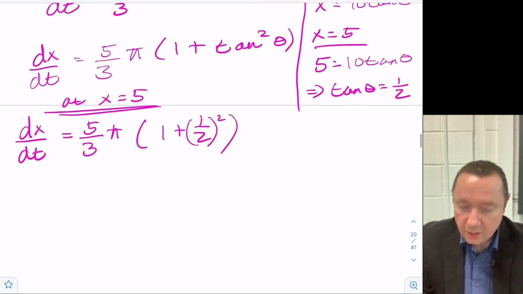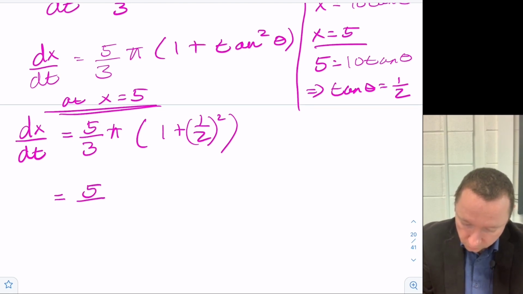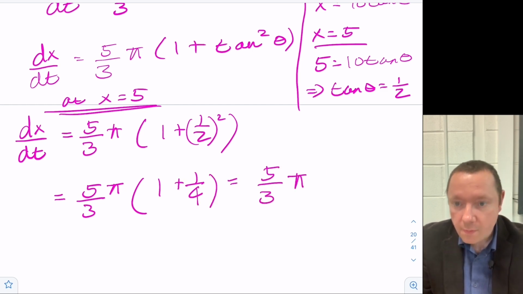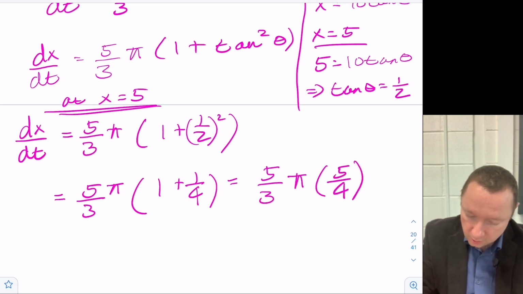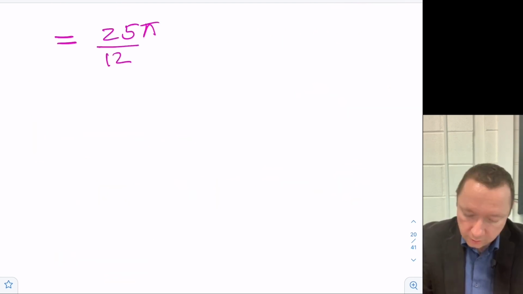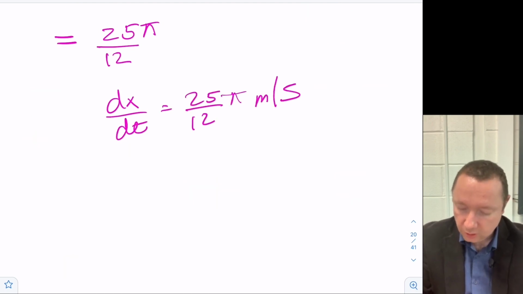So that equals 5 over 3 pi times 1 plus a quarter, which is 5 over 3 pi, and 5 times 5 quarters. So that equals 25 pi over 12. So dx by dt equals 25 over 12 pi meters per second for our units. And we're done.